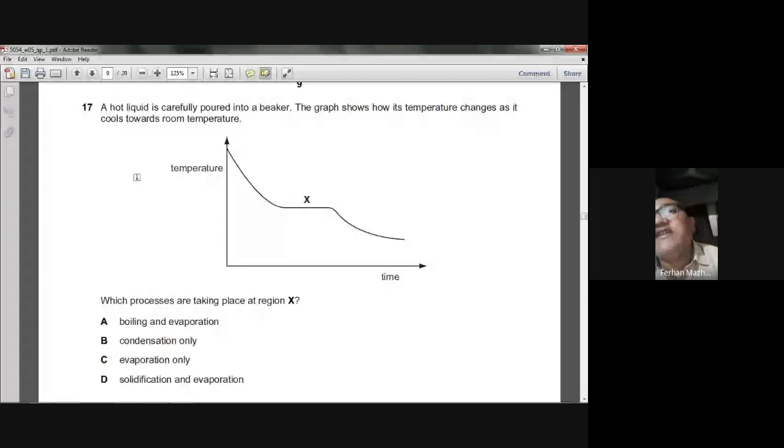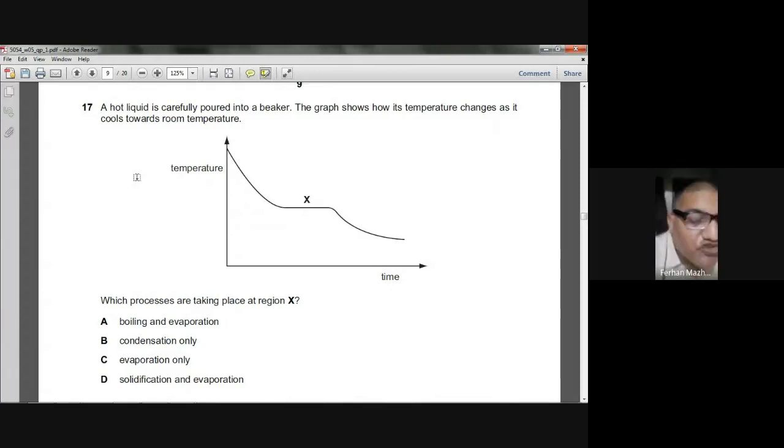A hot liquid is carefully poured into a beaker. The graph shows how its temperature changes as it cools towards room temperature. So it's cooling down. It's a hot liquid which is cooling down.